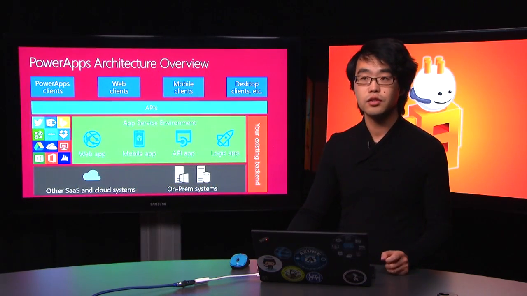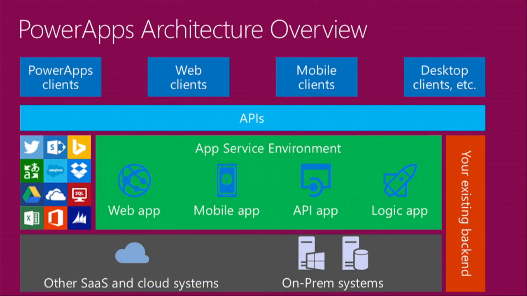So before I get into the portal, let me show you the overall architecture of PowerApps. As you can see here in the middle, we have app service environment running in your Azure subscription, where you can deploy web app, mobile app, API app, and logic apps. We have a bunch of out-of-box APIs ready for use after you sign up for PowerApps already.